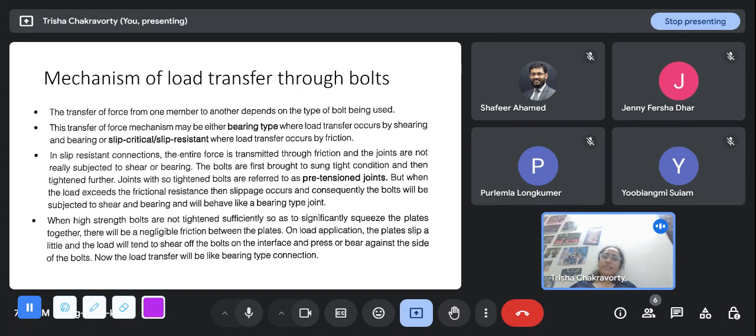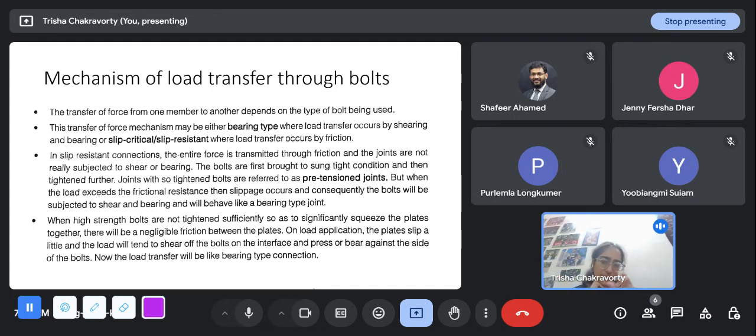And this is basically, slip critical bolts work on the philosophy that when you have two plates and you have bolted them, you have developed a compression so potent between the two plates, that if you want to pull them off, they are resisted by friction. You know that friction depends on mu into n, right?